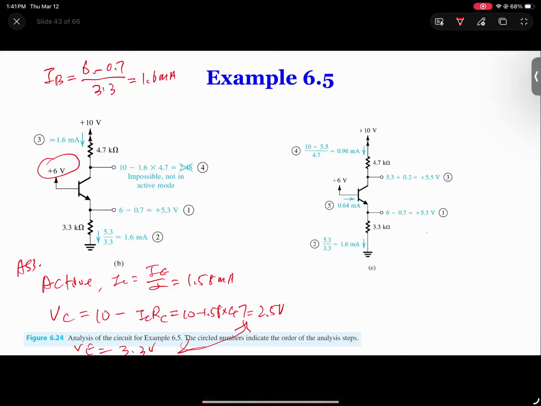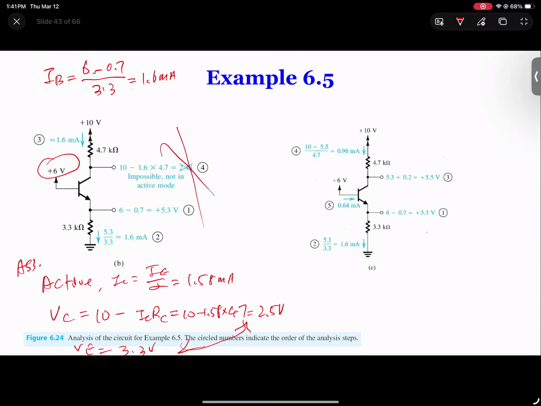You see? In the linear mode, your VC is 2.5, but your VE is 3.3. That's not possible. VC cannot be less than VE. VC has to be higher than VE, at least 0.2 if it is in saturation. If it's in active mode, it will be much larger than 3.3, right? So that's why this assumption is wrong. It's impossible. So we say, no, this is wrong.